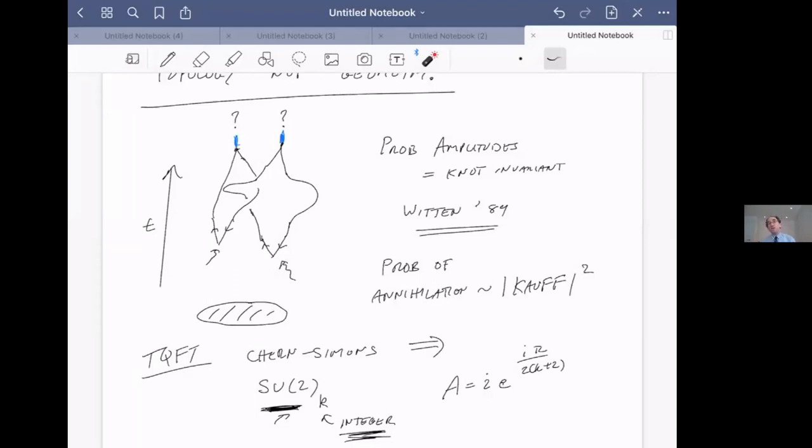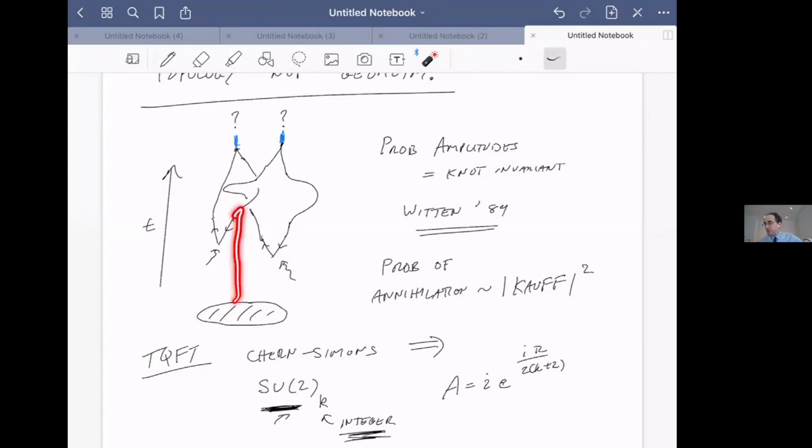But let's start with that as an assumption, that the outcome is going to be dependent only on the topology of the input. Then we can ask, what happens if you take this picture and you slice it in the middle? You can always relate things back to the vacuum.